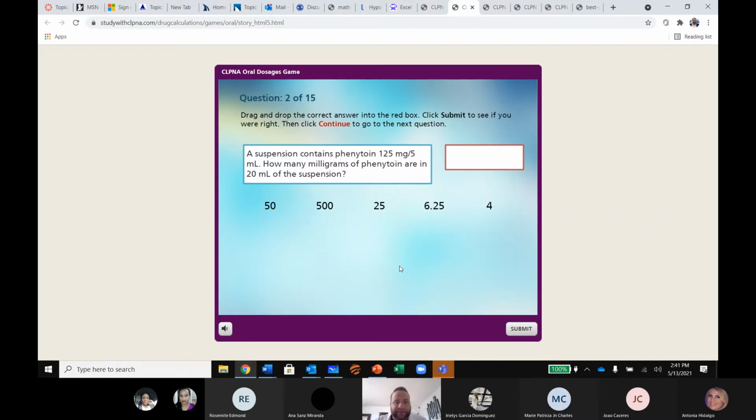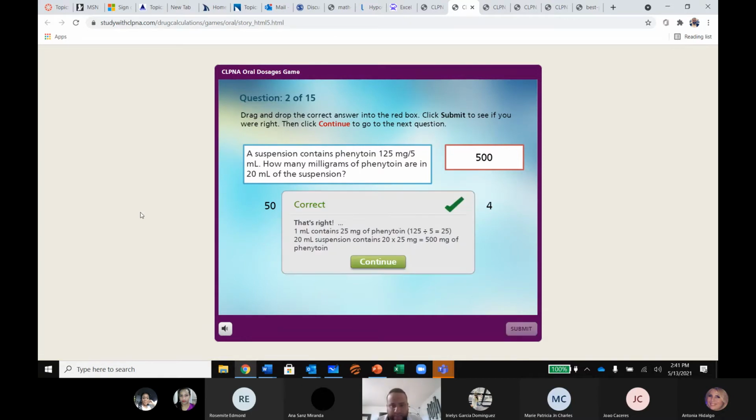How many milligrams of phenytoin are in 20 ml of suspension? 500?